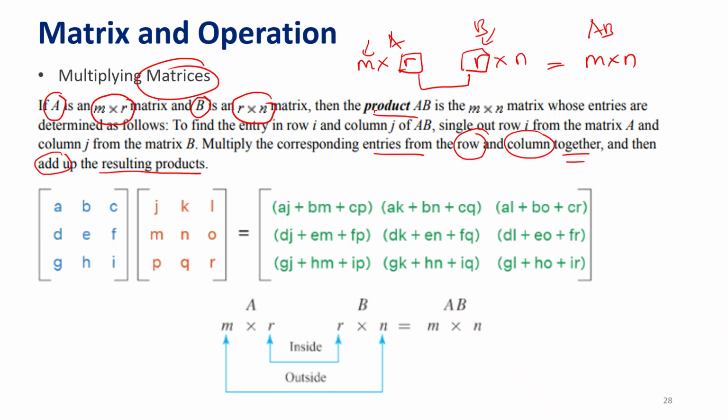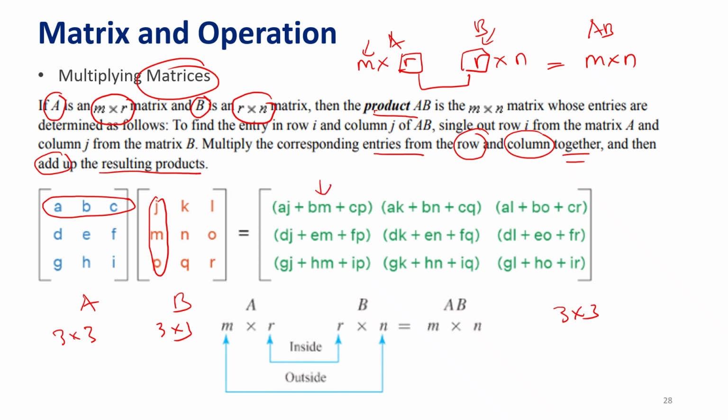For example, here you have an A matrix and a B matrix, both 3 by 3, so you will have another 3 by 3 matrix AB. To multiply this, you multiply this row by this column, and you get the entry for this position.